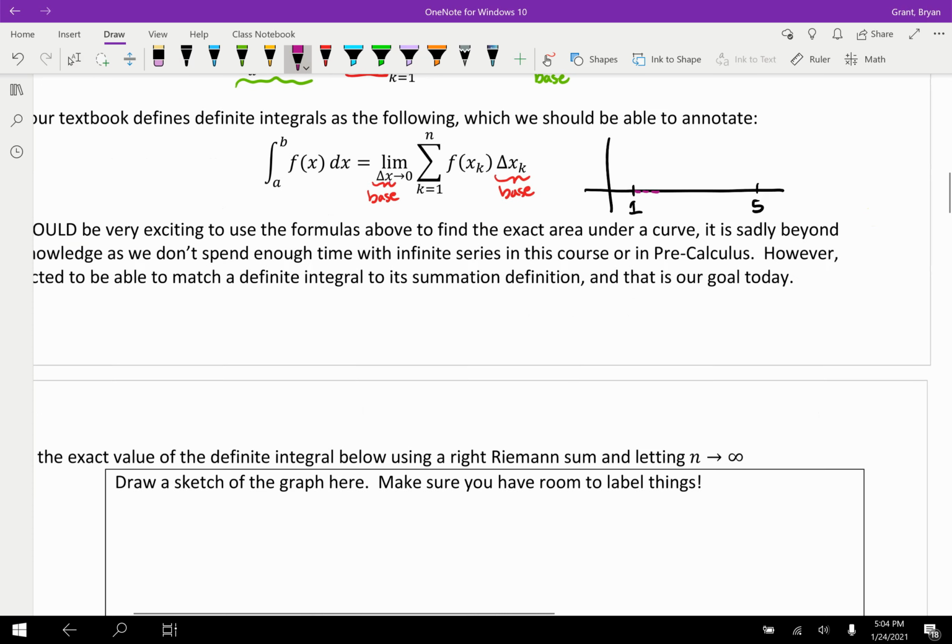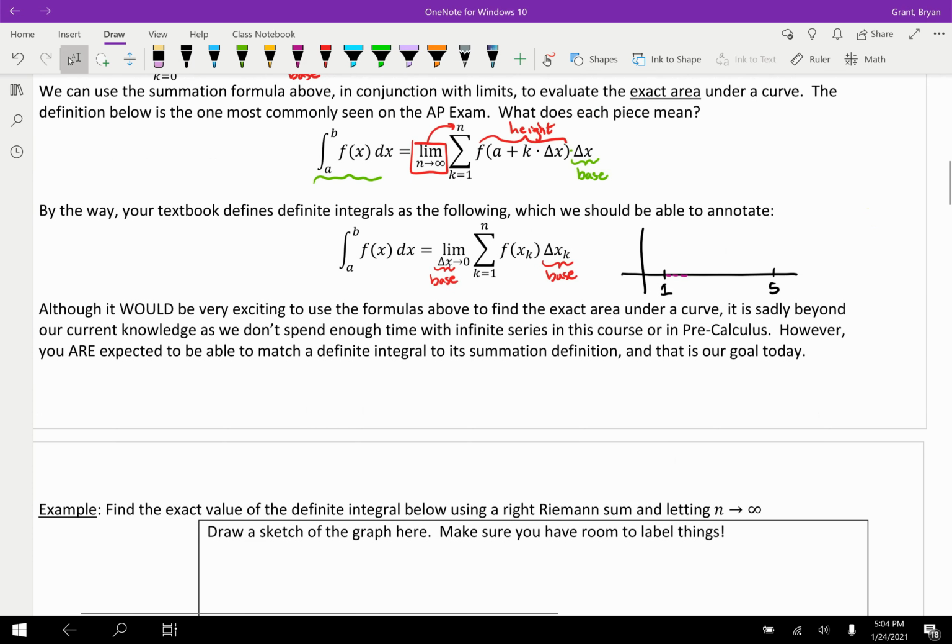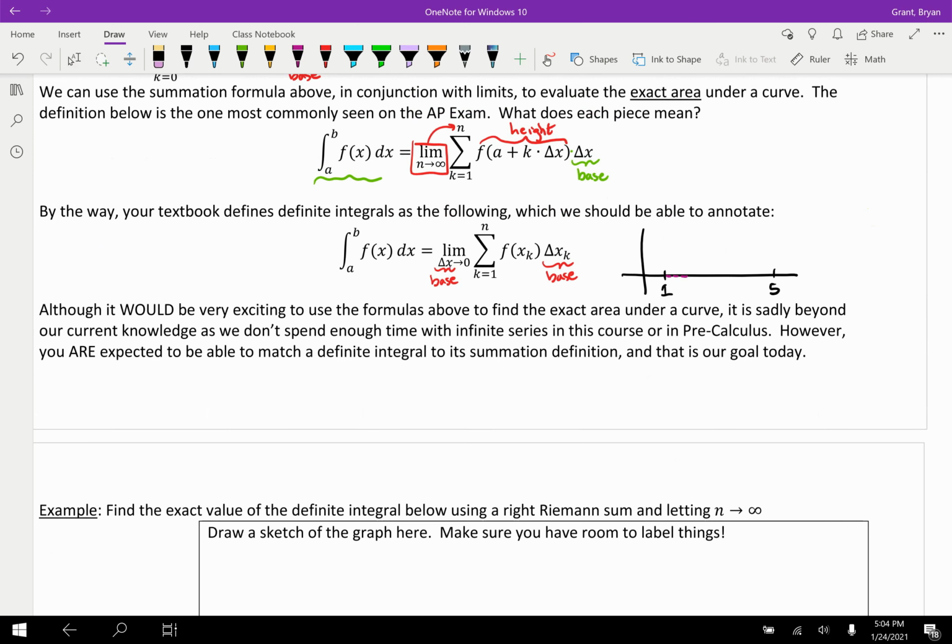Now, although it would be really, really exciting to use either of these formulas to actually find the exact area under a curve, it's unfortunately beyond our current knowledge, or at least most of our current knowledge, because we don't spend enough time with infinite series in either this course or in pre-calculus.